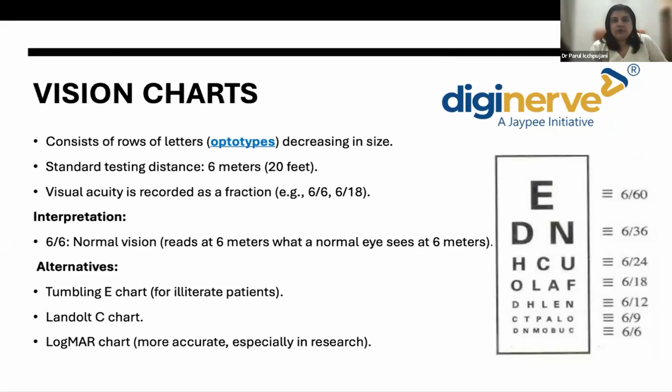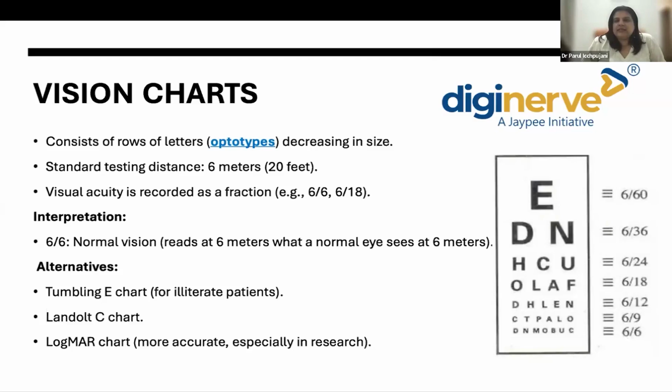Now, it's important for you to know that all these alphabets, letters or numbers written in these charts are called optotypes, and they're arranged in decreasing order of size. The standard visual acuity testing distance is 6 meters, or 20 feet. Visual acuity is commonly recorded as a fraction, 6/6 being the perfect vision, and then as we go further, it reduces.